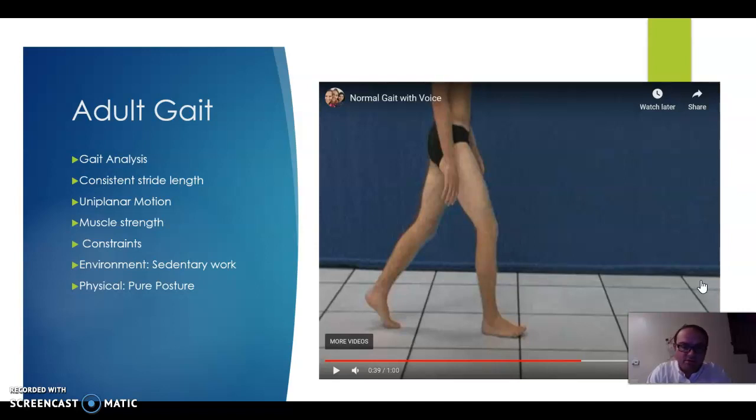And those are physical constraints that cause poor posture. And in this video, you can see, well, I won't go to it because I'm running out of time, but he has a little bit of forward posture. I wouldn't call it kyphosis, but it could develop into kyphosis.